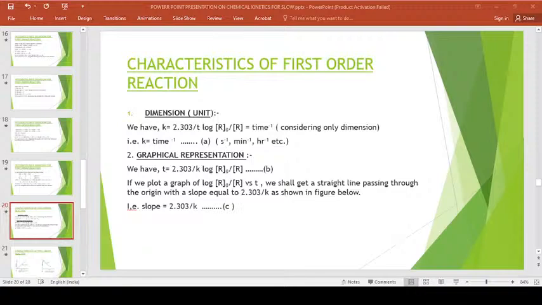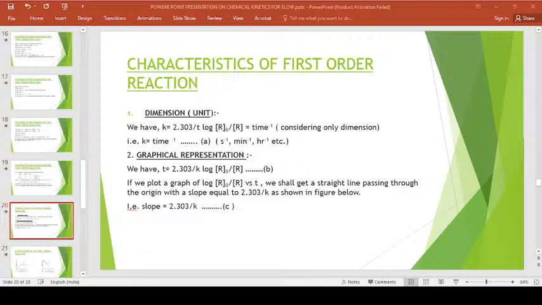So the first one is your dimension. So k equal to time inverse. The unit of k may be in the form of second inverse. So you will get a straight line as shown in the figure, and here your slope is equal to minus k, or k equal to minus slope.